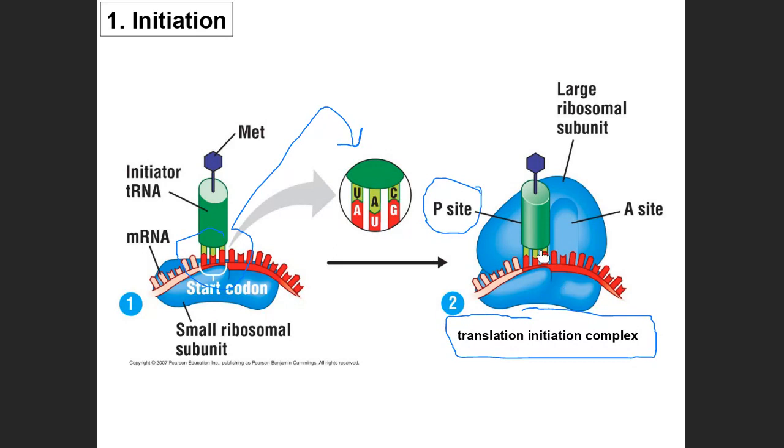That's what further helps the initiator tRNA and the ribosome locate which AUG actually serves as a start codon. So here's our translation initiation complex. Once this initiation complex has been formed, the first step of translation is completed.